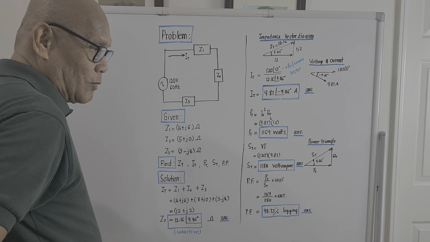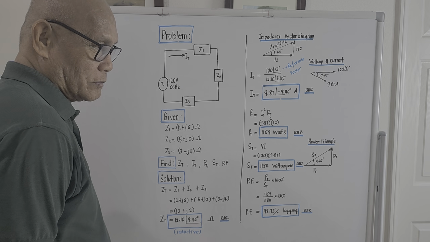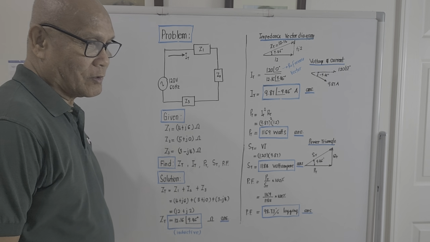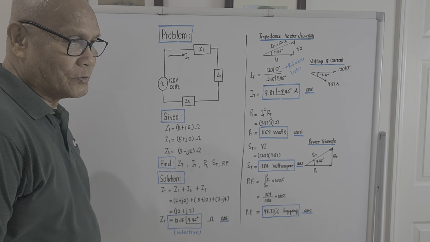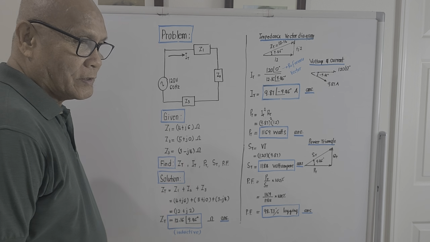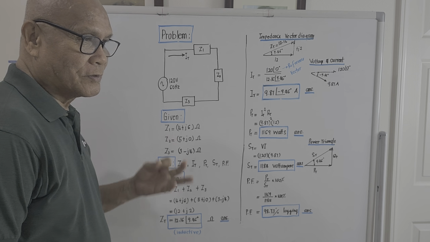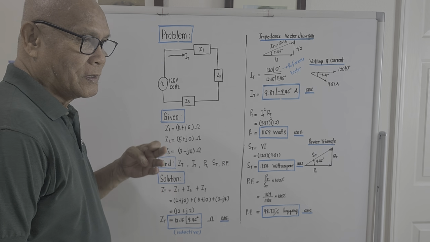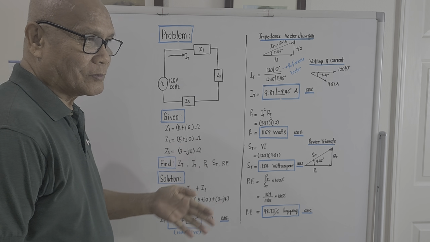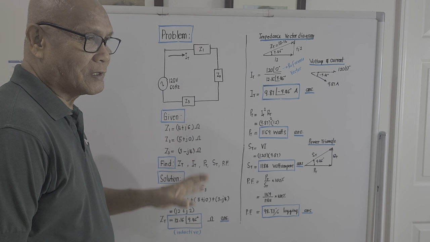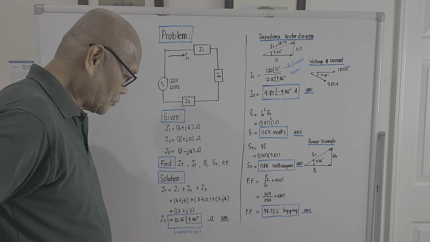It's just a simple one. I would like to emphasize the importance of the concepts of, and how to compute for, current, total impedance, true power, apparent power, and power factor for an AC circuit, alternating current circuit.